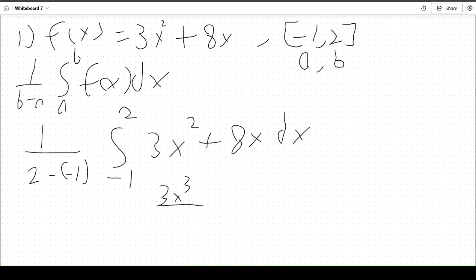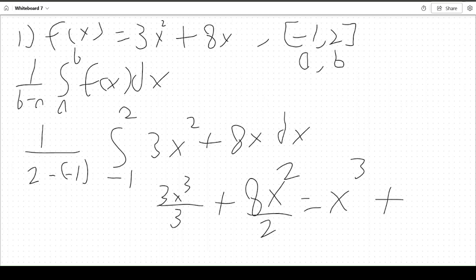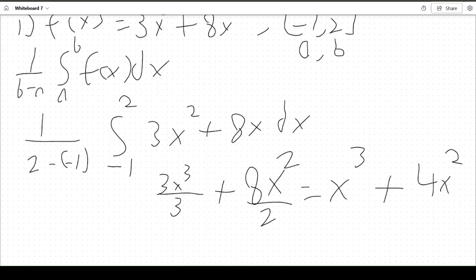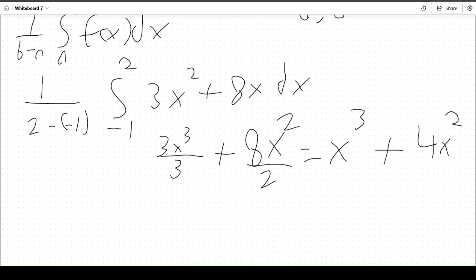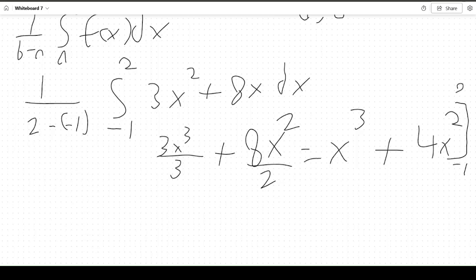So 3x to the power of 3 plus 8x squared over 2. The 3's cancel out, so it will be x to the power of 3 plus 4x squared, since 8 divided by 2 is 4. Now we should plug in our values.